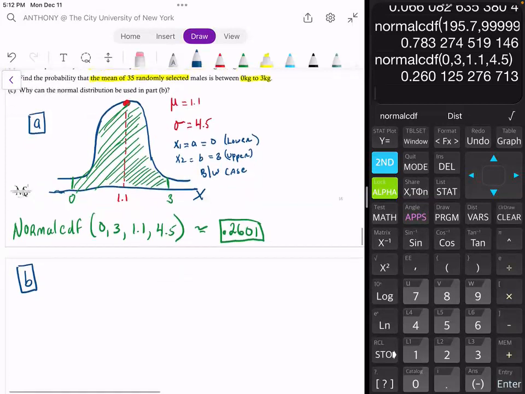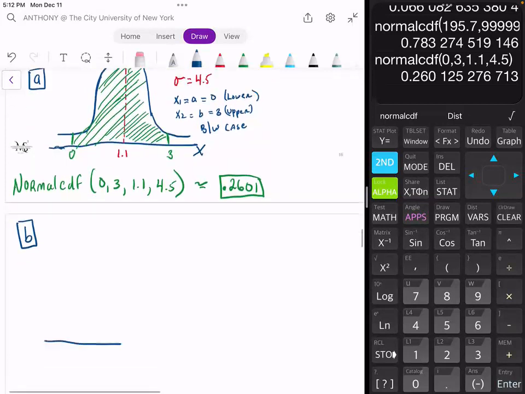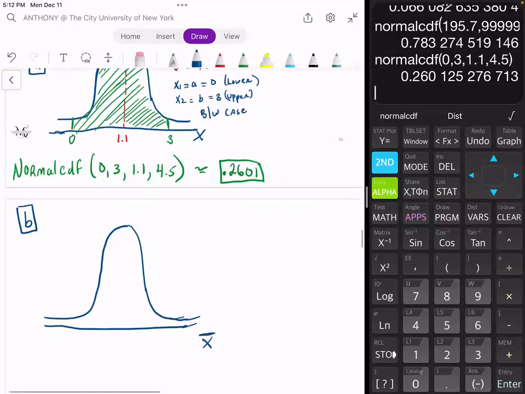So I'm dealing with sample means. So when I draw my bell-shaped curve, all right, this graph came out a little bit better. This will be in terms of X bar, sample mean. So at the middle is going to be 1.1.